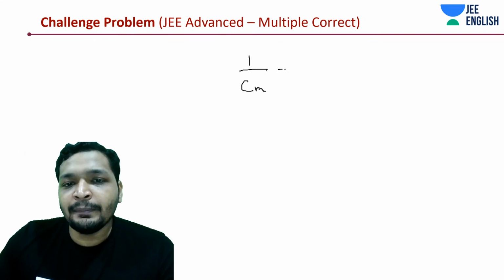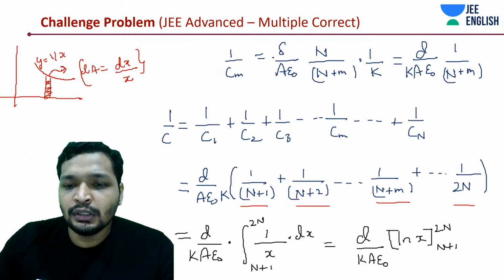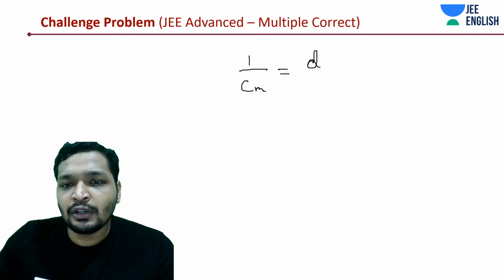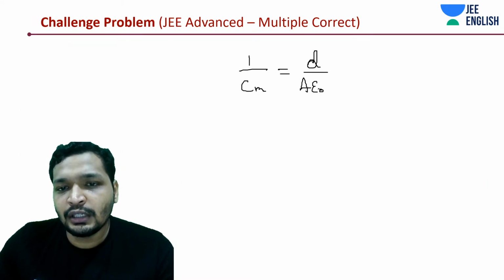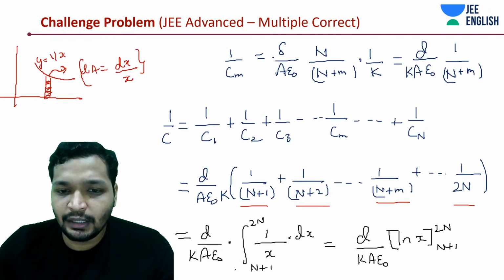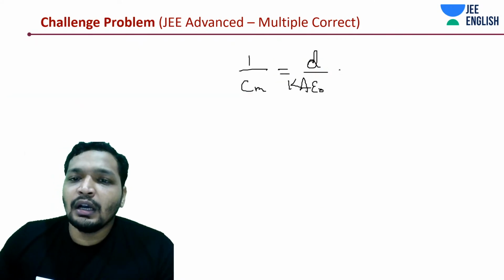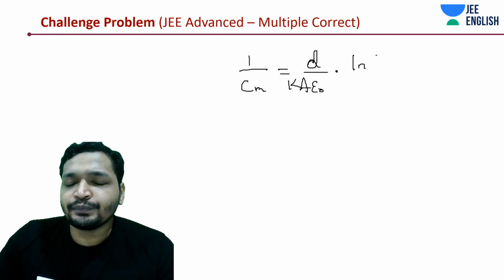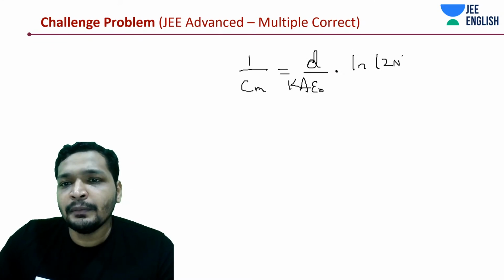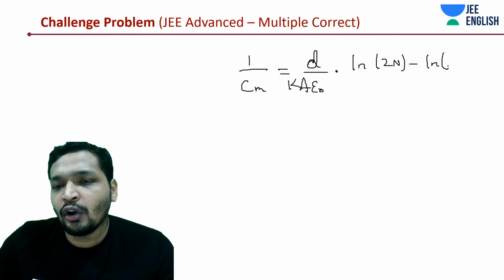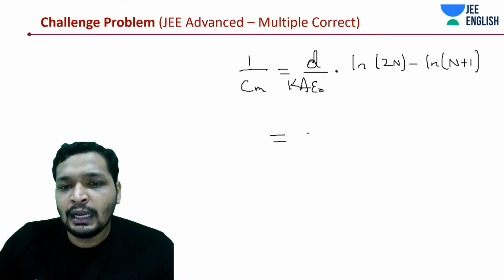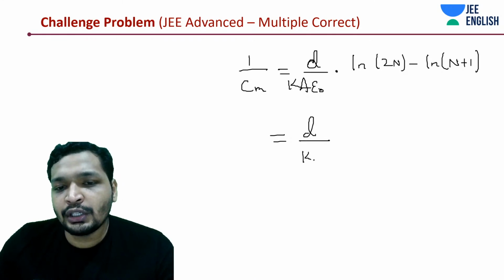1 by Cm is equal to d by a epsilon naught, substituting the value d by a into k epsilon naught, there should be a k as well, into log of 2n minus log of n plus 1. And this is going to give you an interesting result.